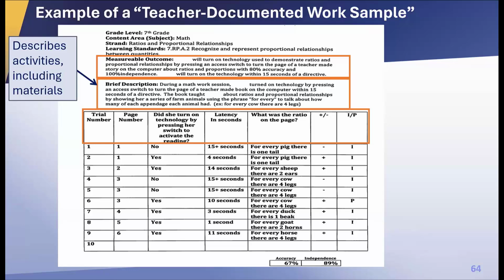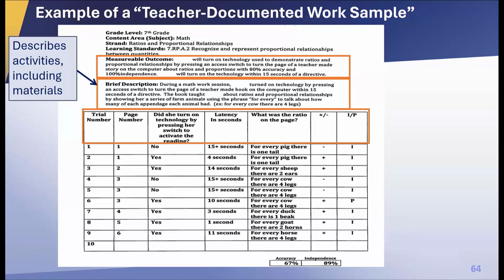So the brief description tells us that during a work session, the student turned on the technology to turn the page for a teacher-made book on the computer within 15 seconds. This book is about ratio and proportional relationships. So we're in that context of standard-based activity, and she is going to push the button, it's going to turn the page.